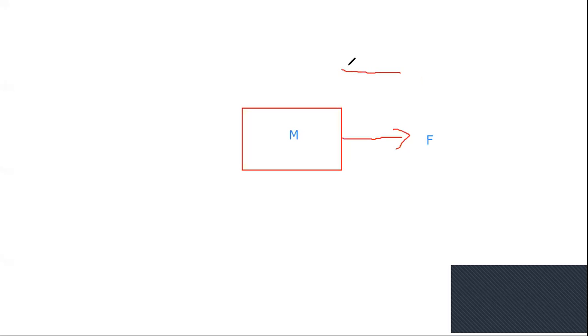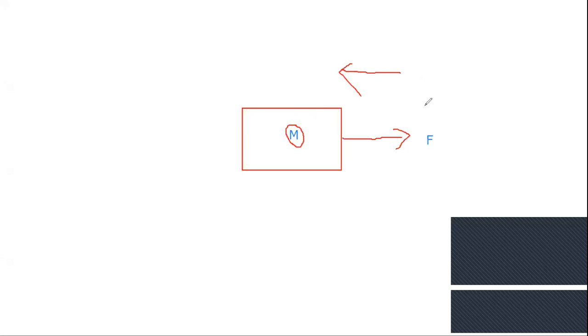That opposing force will be in this direction. What is this opposing force? This opposing force is because of this mass. That particular opposing force can be derived from Newton's second law. What is Newton's second law? F equal to ma, that is mass multiplied by acceleration.